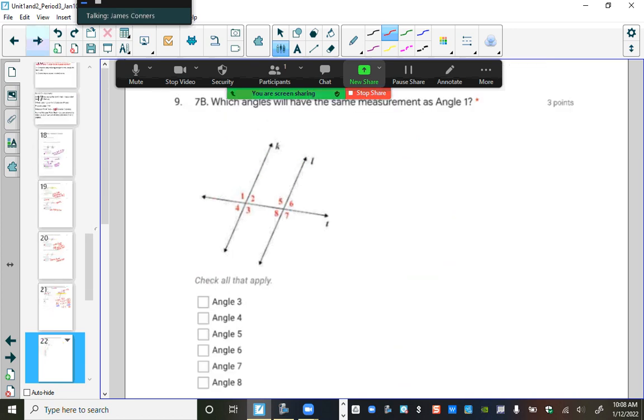All right. So given angle 1 was 105 degrees, we're going to go back to 7A. So angle 1.